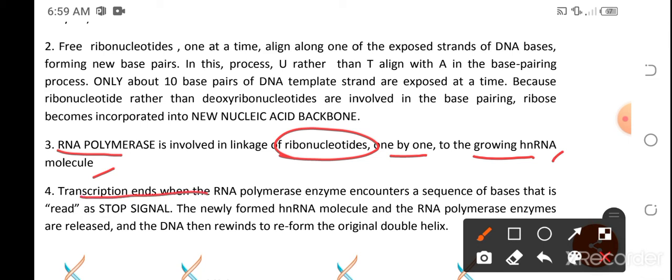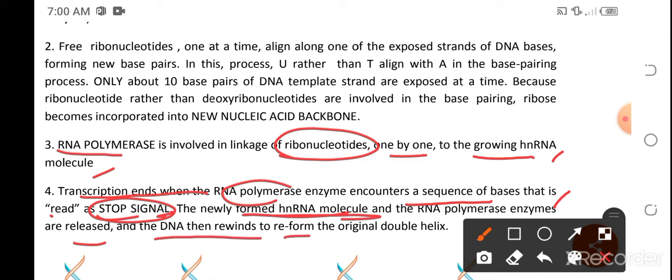Now, transcription ends once RNA polymerase encounters in the bases read a stop signal. So, mag-stop na siya kapag naka-encounter na siya ng stop signal. And the newly formed hnRNA molecules and then the RNA polymerase enzyme are released. Okay, so the DNA then rewinds to reform again in its original double helix structure.